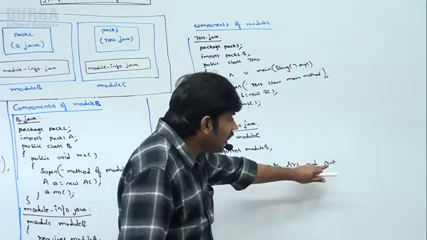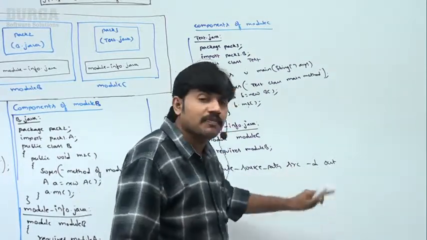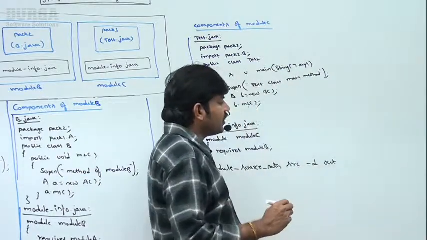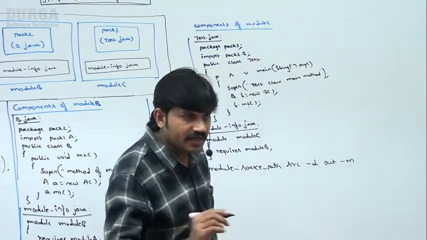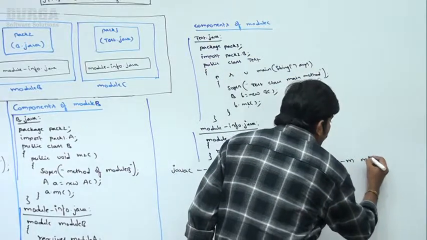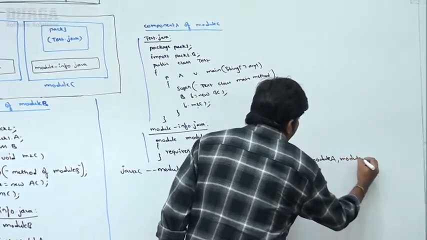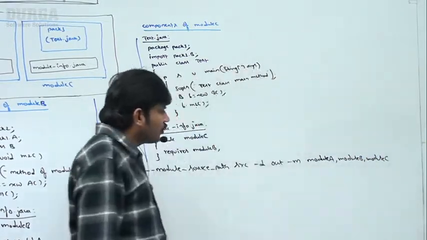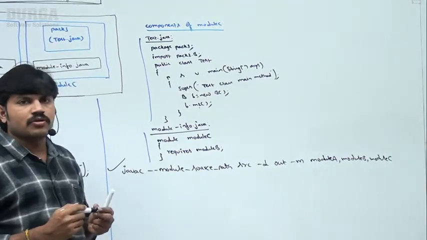Next, -d out: after compilation, the generated class files are kept inside the out folder. Next, which modules do I have to compile? -m module A, module B, module C. That's all. All the 3 modules are going to be compiled.